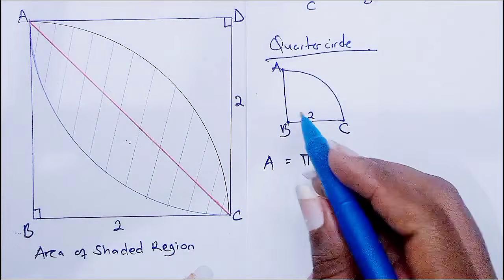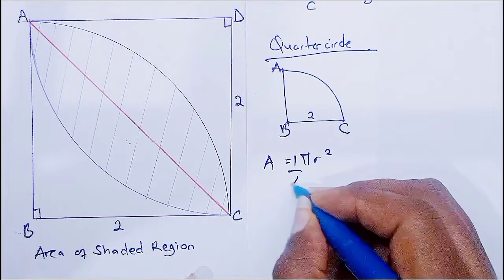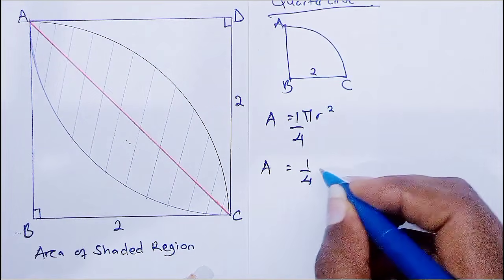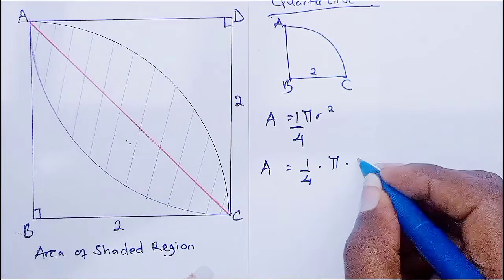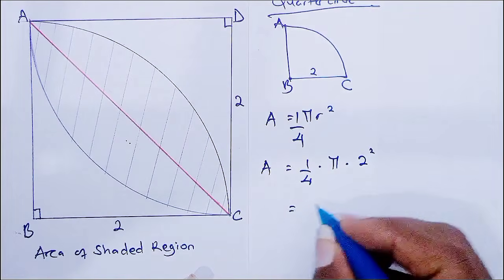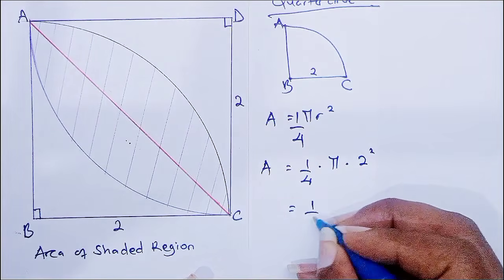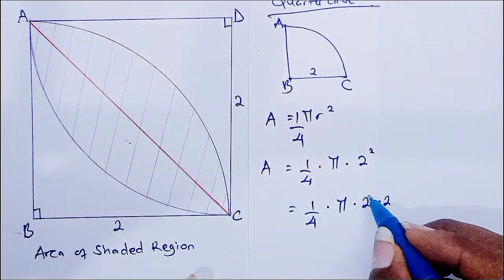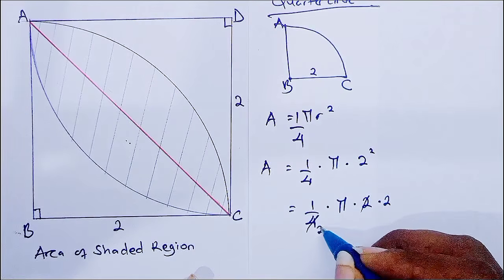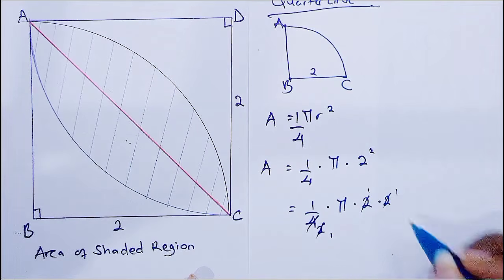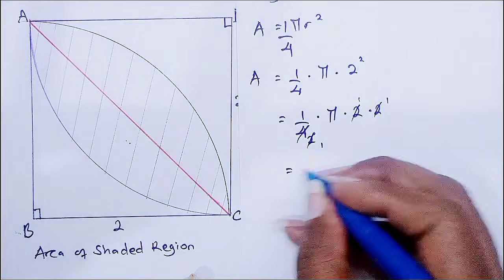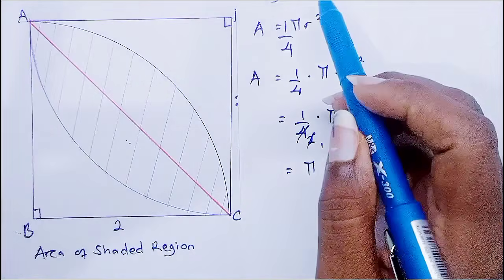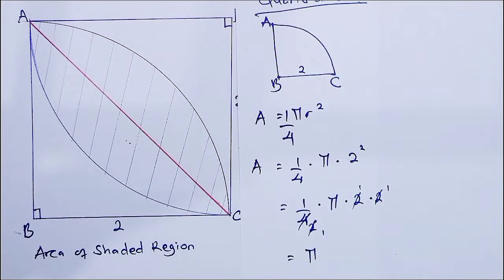But since this is a quarter circle, we shall multiply by a quarter. Therefore, area is equal to a quarter times pi times 2 squared, which is 1 out of 4 times pi times 2 times 2. This cancels with this to give 2. This cancels with this. So we are left with just pi times 1 times 1, which is just pi, as the area of the quarter circle.